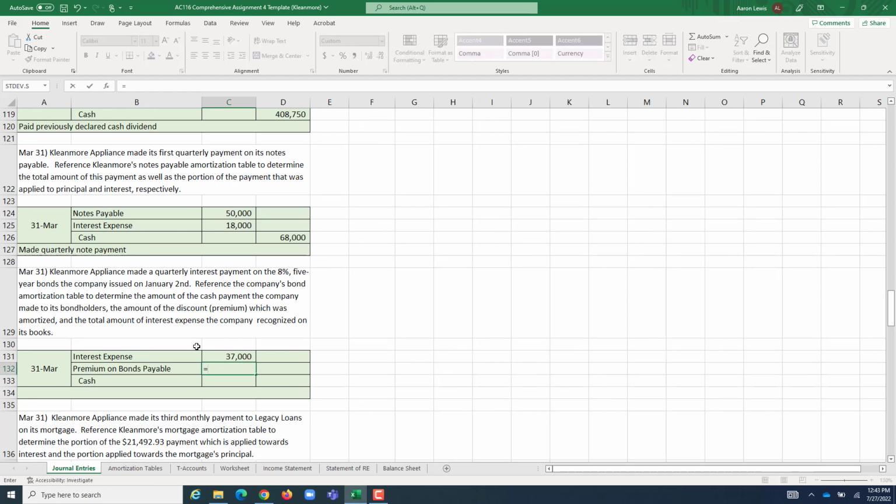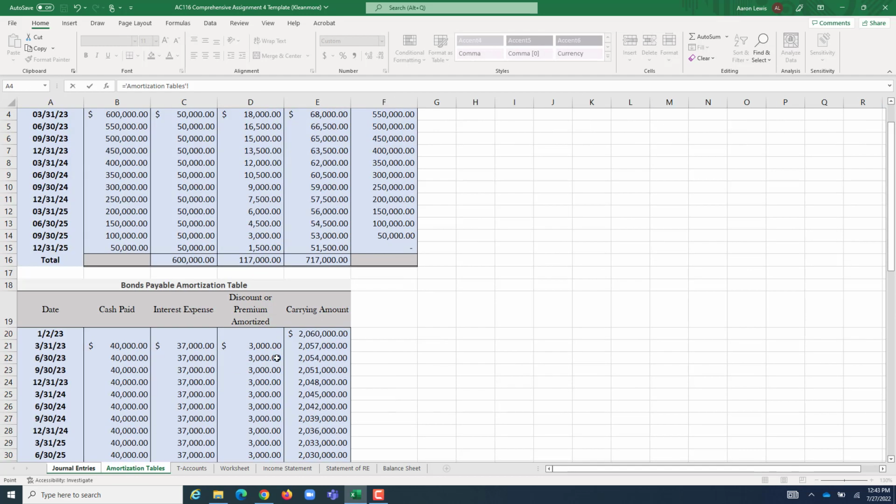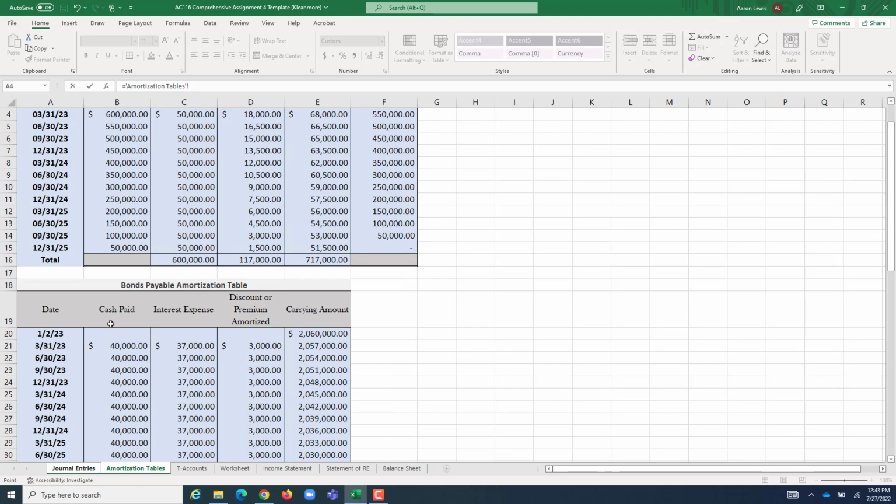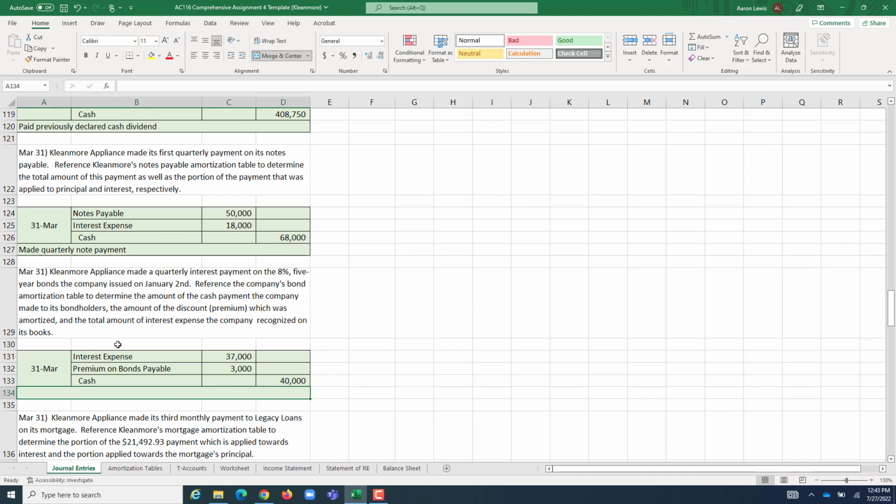The amortization amount for that premium on bonds payable, if we go back over here, was $3,000. And the actual amount of cash that we were going to transfer for this payment is $40,000. And here we made our quarterly bond interest payment and amortized our premium.